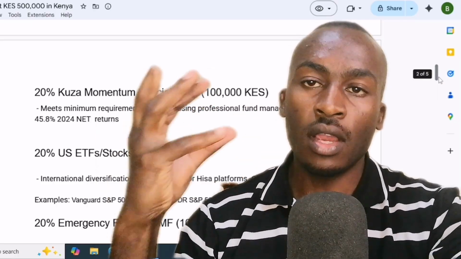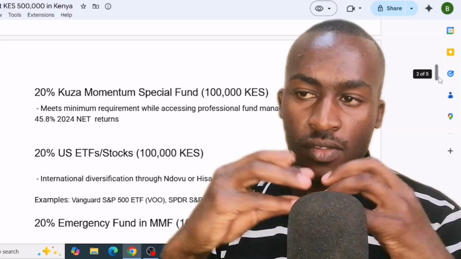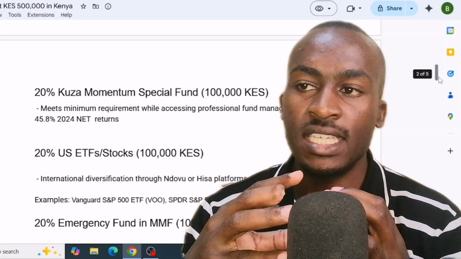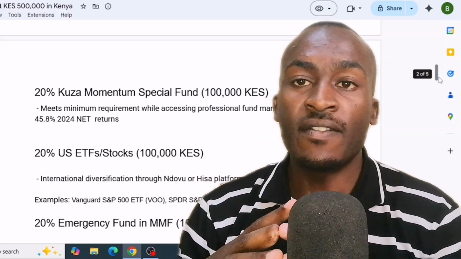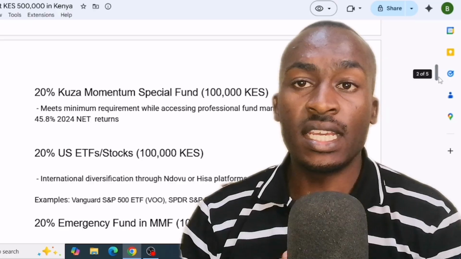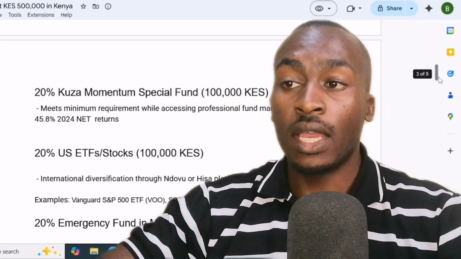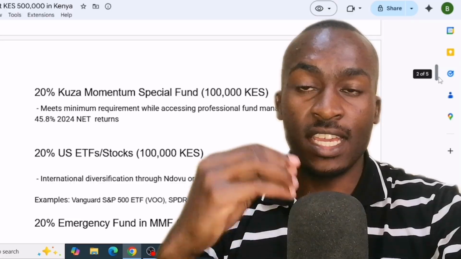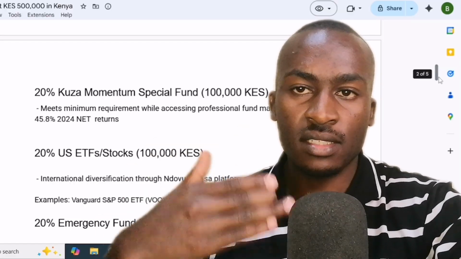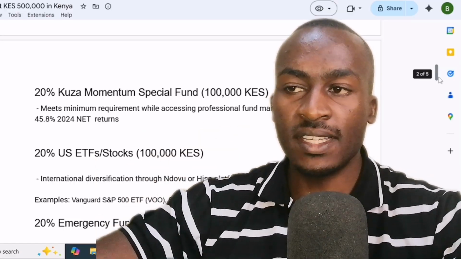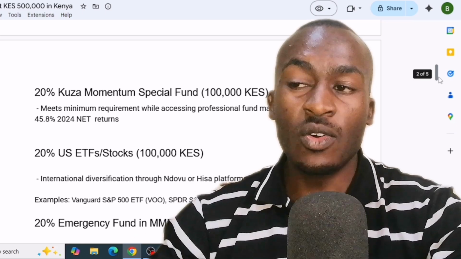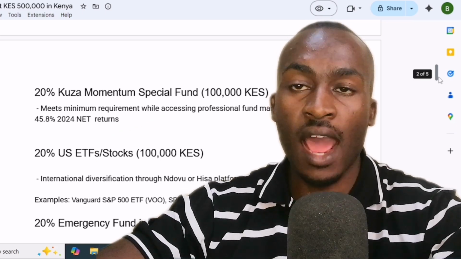So you are investing in a portfolio of stocks when you invest in an ETF, which offers more diversification than investing in a single stock, which is risky. So consider also investing in an ETF, which acts as a cushion compared to investing in a single stock. For this, we're also going to put around 100,000 Kenya shillings. Now we are remaining with 200,000 Kenya shillings.